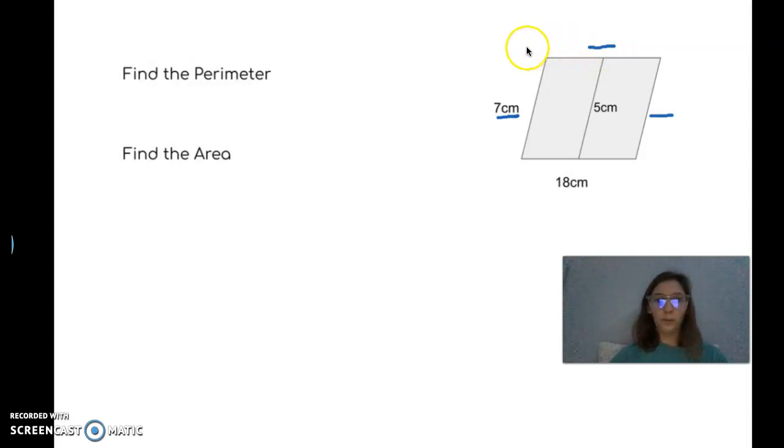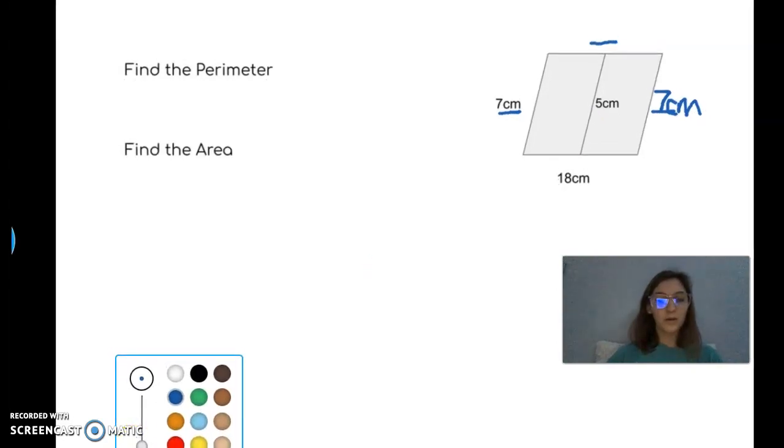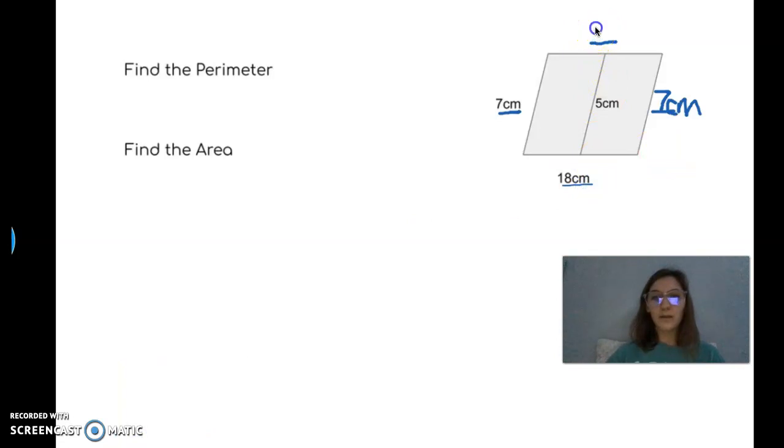Alright, so I have 7 over here, and we're back to centimeters. So 7 centimeters over here as well. I'm going to make my pen a little bit smaller. Not the screen, the pen. Okay. I have 18. So I'm going to have 18.